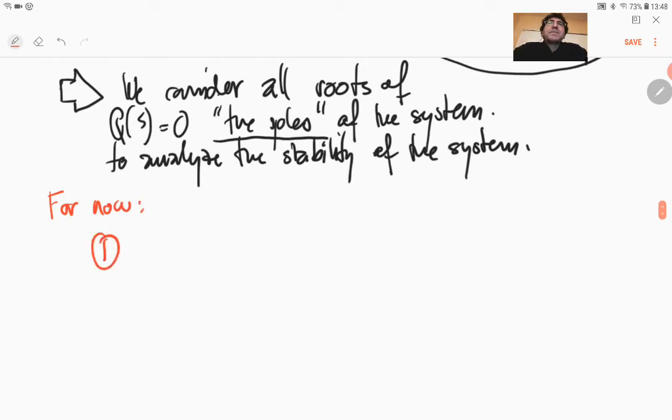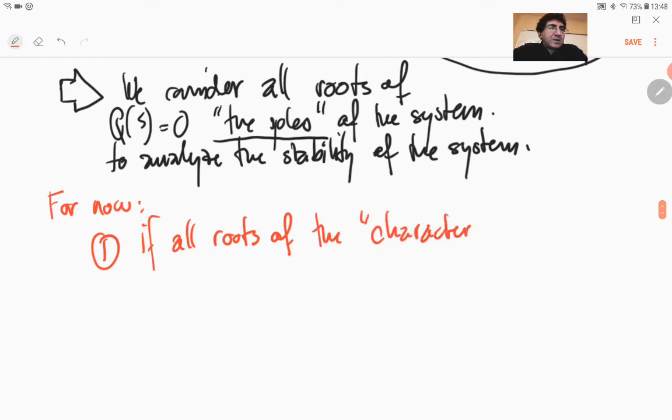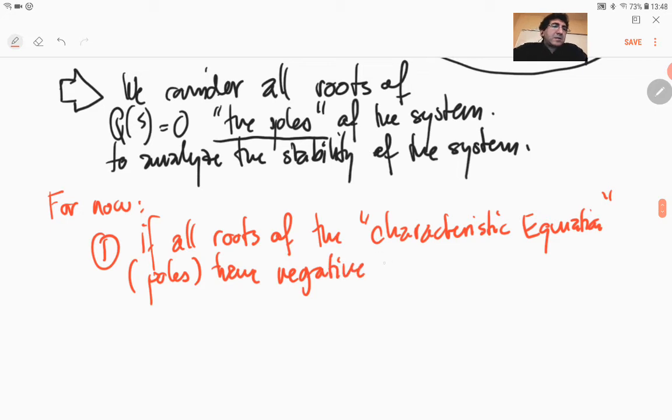The first one is if all roots of the characteristic equation, the poles, have negative real parts, then we say that the system is stable.